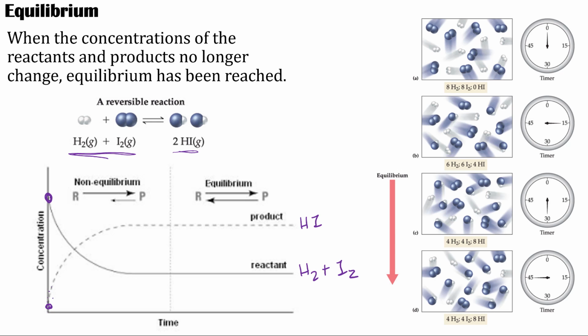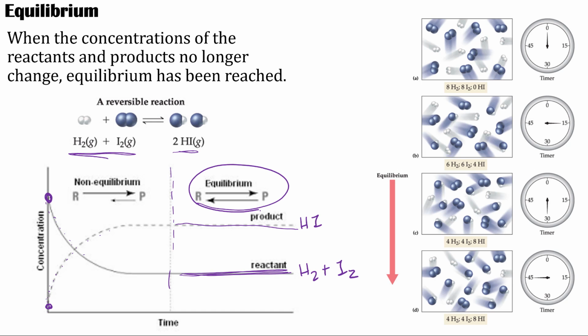The reactant goes away because it's being used up to make product, and the product begins to be formed. Around this area right here, we start to see that there's no change. The reactant didn't all go away though. There's still some left. It didn't go all the way to zero like you would expect. And so we've reached an equilibrium where the forward reaction and the reverse reaction rates are actually equal to each other.